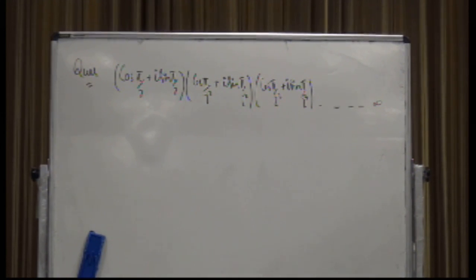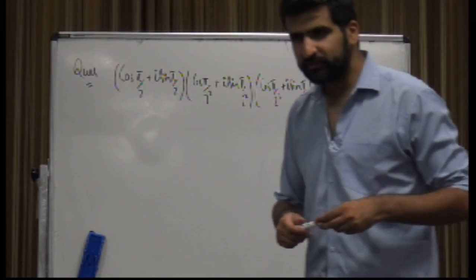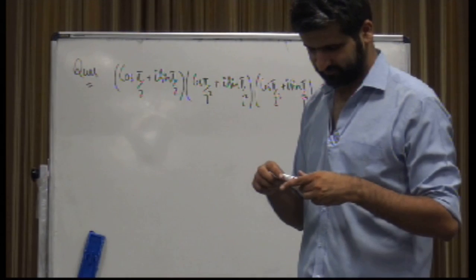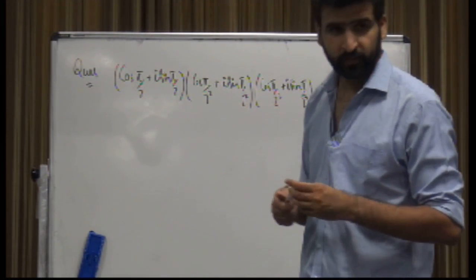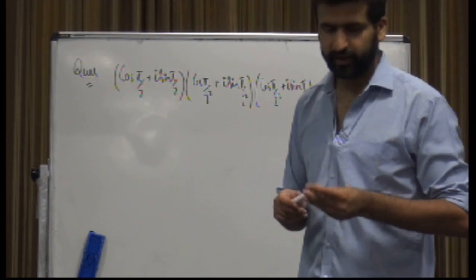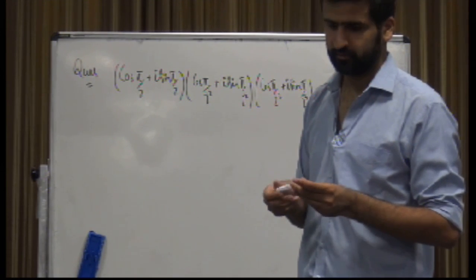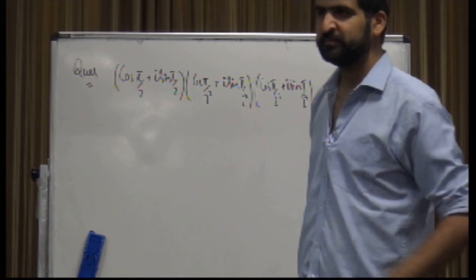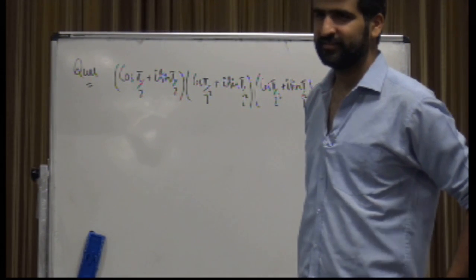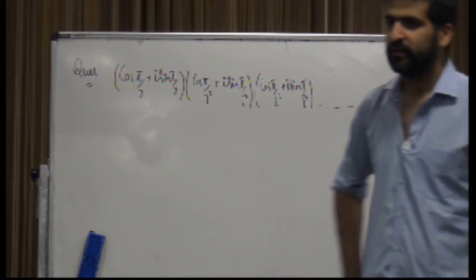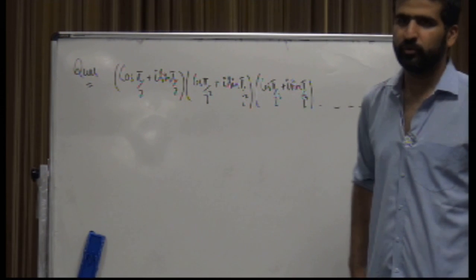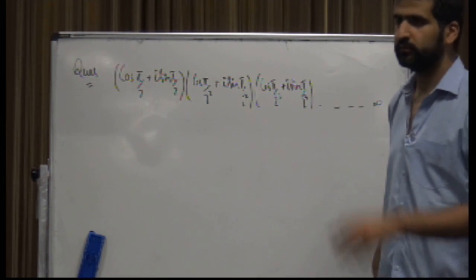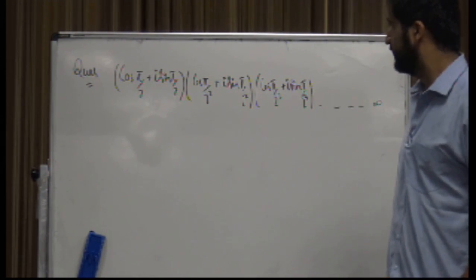So r upon 1 minus r? r upon 1 minus r? No. What is it? a upon 1 minus r. So in this case, luckily r and a are both the same. That's why this formula can also apply.